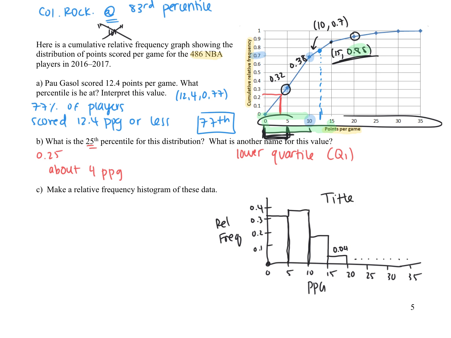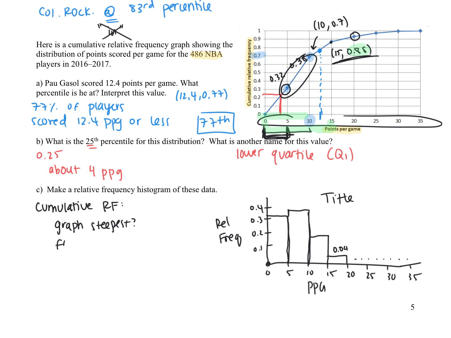Now, these are two different graphs, obviously, that give us different information. Some things that I might ask you: in the cumulative relative frequency graph, where is the graph the steepest, and what does that tell us? The fact that the graph is really steep here, what does that mean?